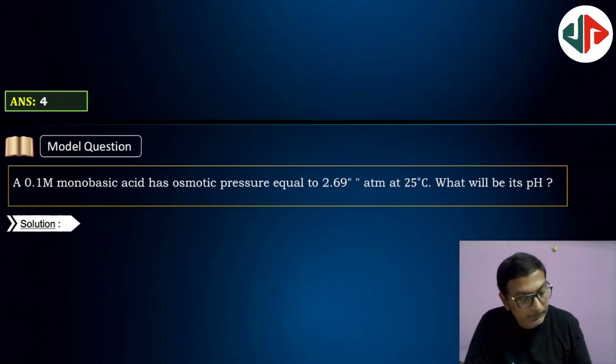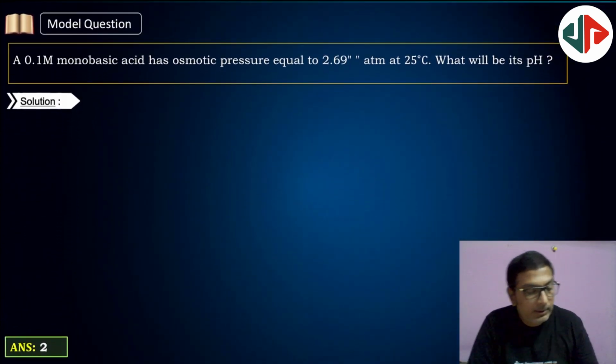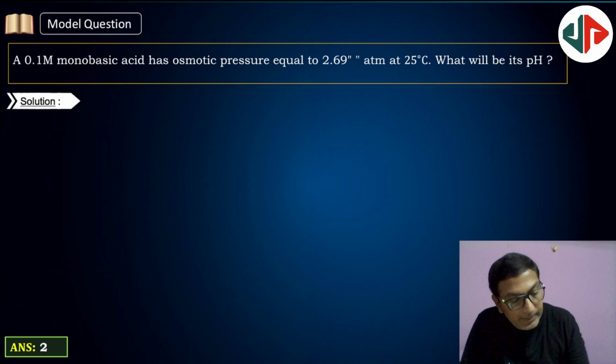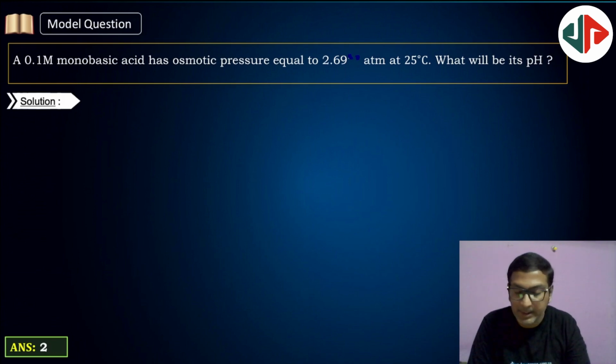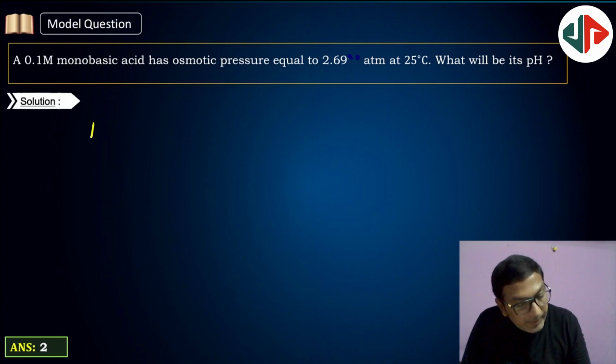Next. A 0.1 molar monobasic acid has osmotic pressure equal to 2.69 atmospheres at 25 degrees centigrade. What is its pH? Simple question, this one also. A weak acid, monobasic acid, I am taking HA as the weak acid. It gives H plus and A minus ions.